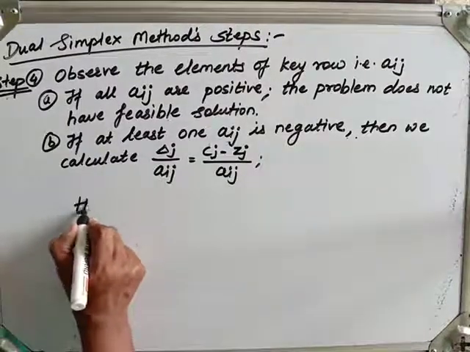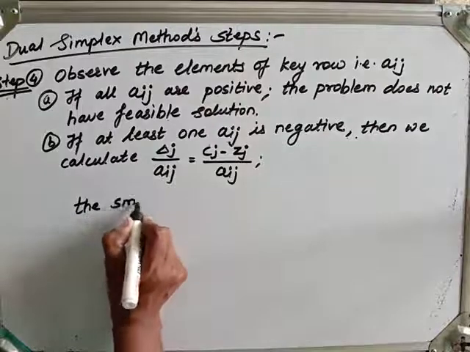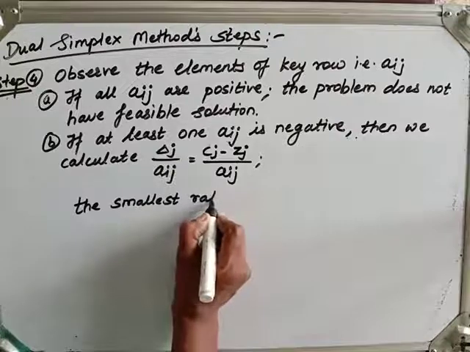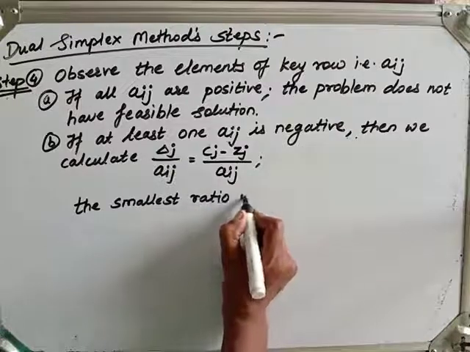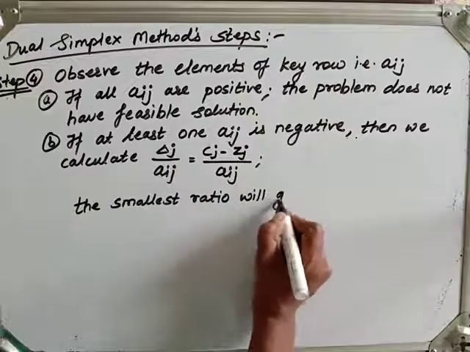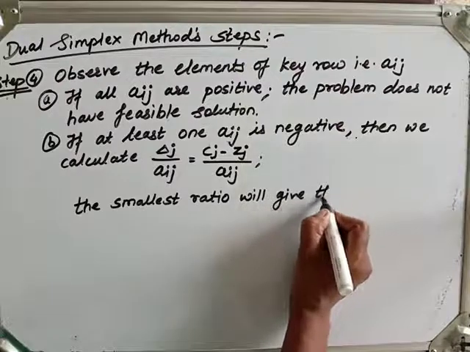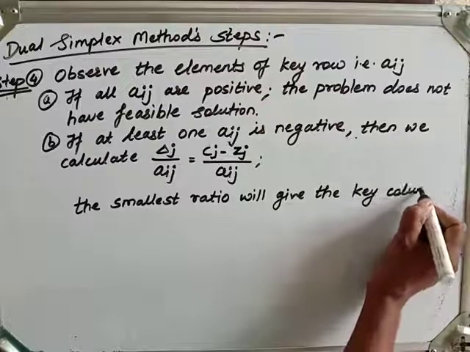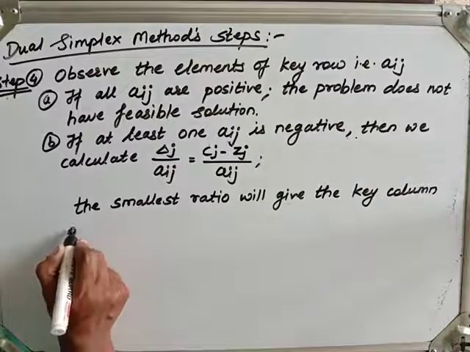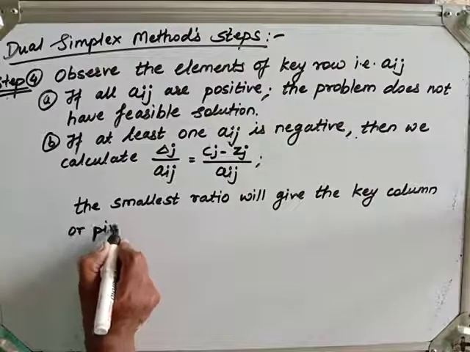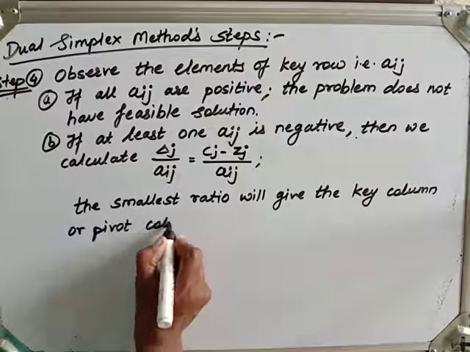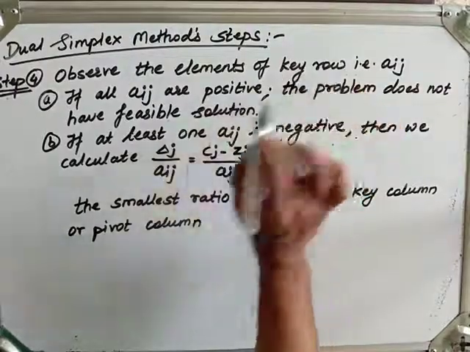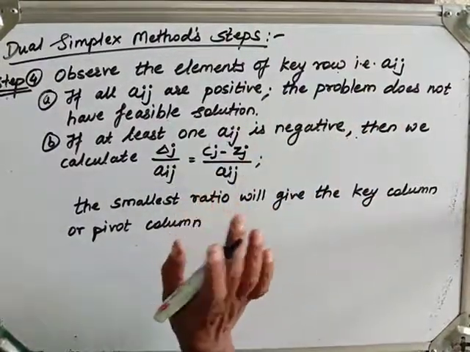The smallest ratio among all those ratios will give the key column, also known as the pivot column. So we get the pivot row first for the most negative xb.